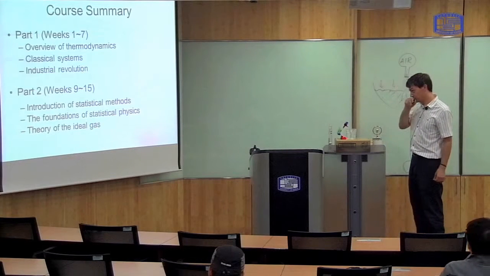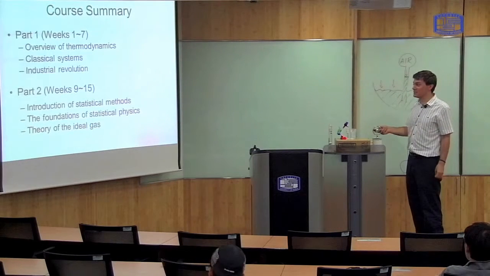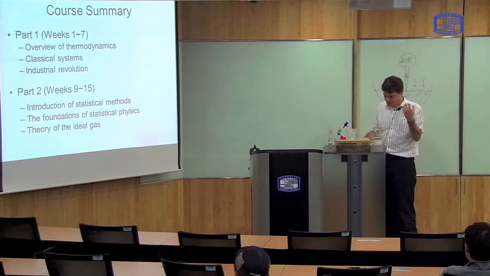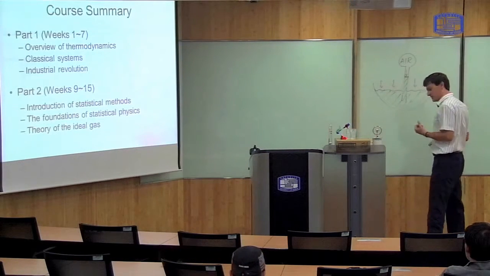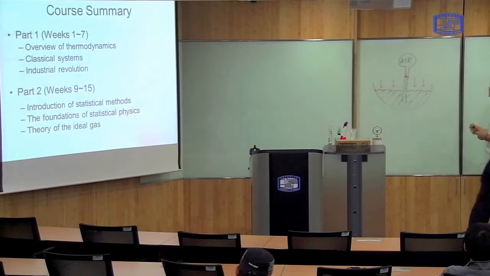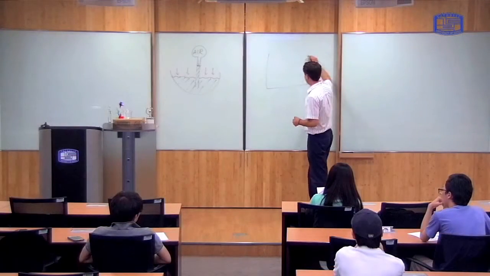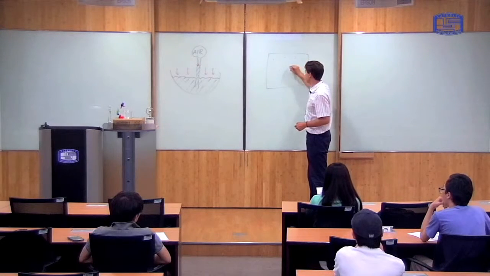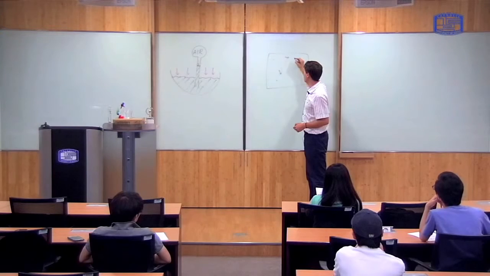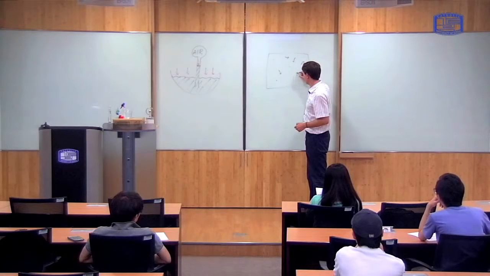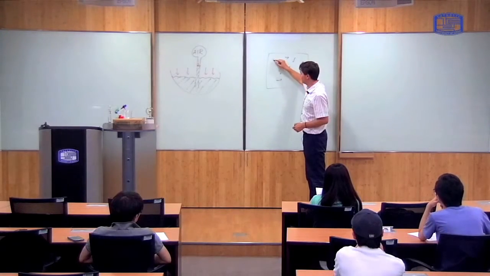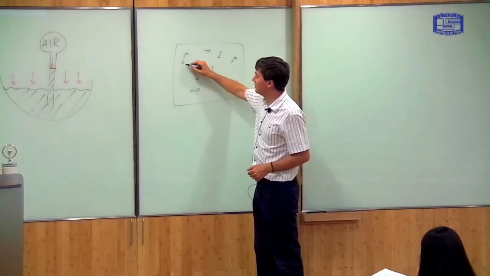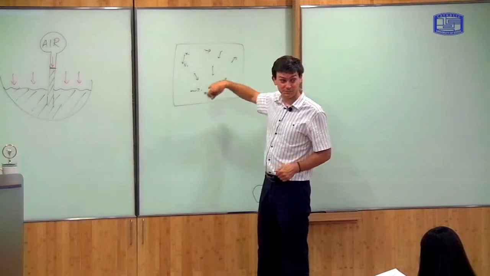Okay. The second part of the course is the statistical part. I'm not going to say too much about this now, but just to motivate it, imagine I've got a gas. So that means I've got a box which is filled with particles, and each of these particles is moving in a certain direction. Now suppose I know the position of each particle and the velocity of each particle.